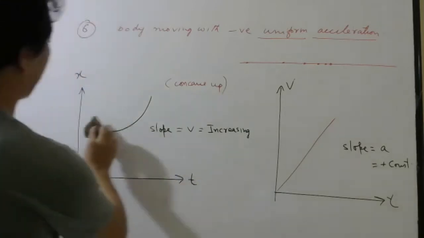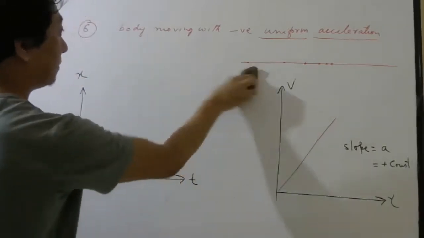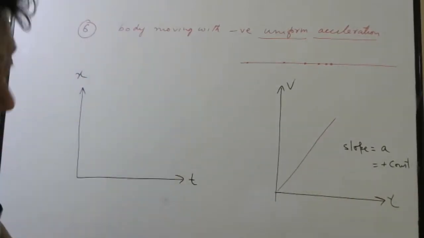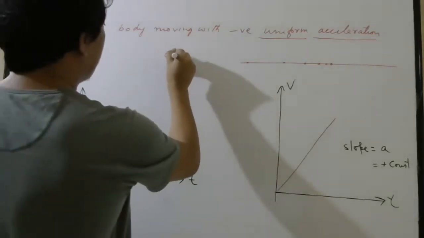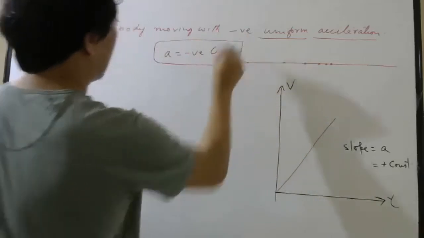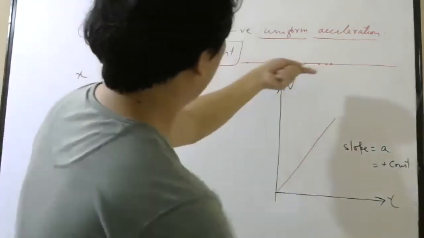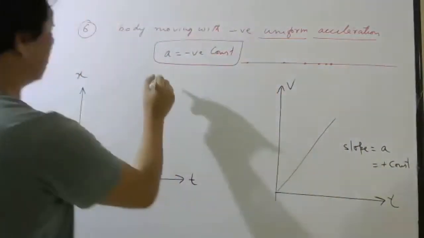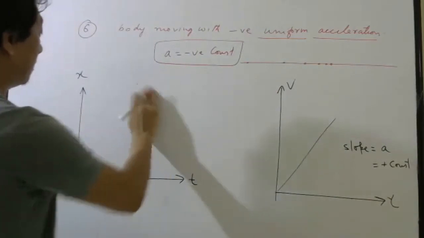Okay, so let us draw the graph. Now your acceleration is negative constant and velocity was positive. Acceleration is negative, so it will move slower. So the xt graph.